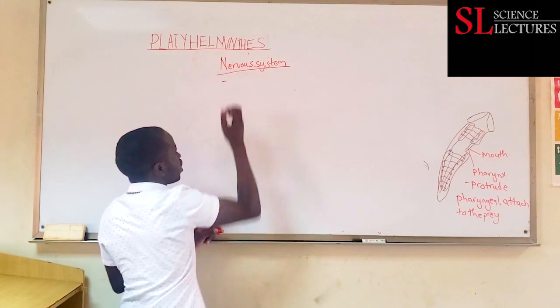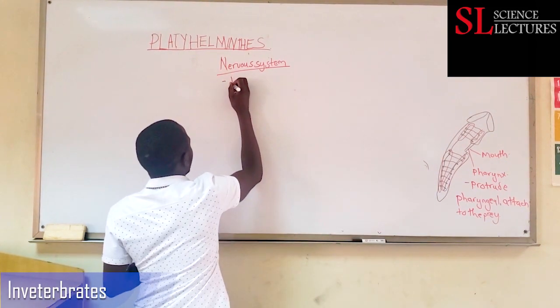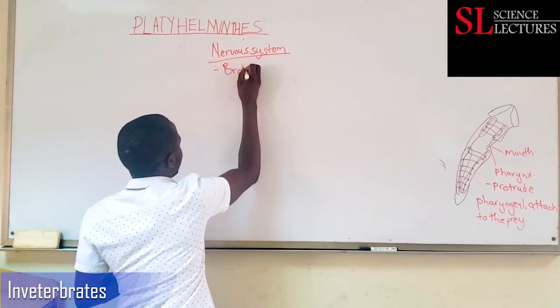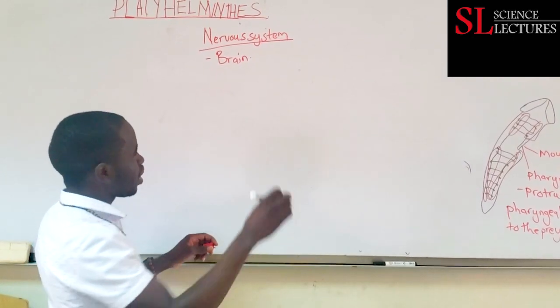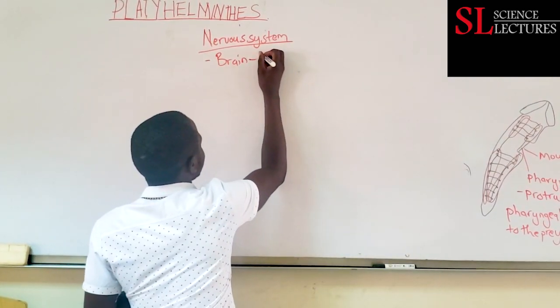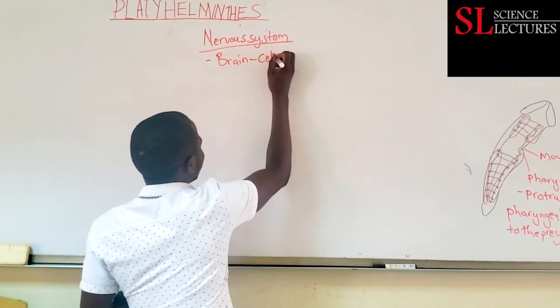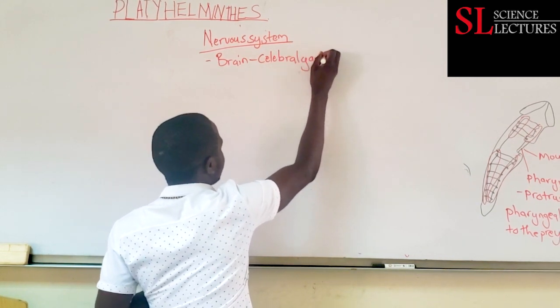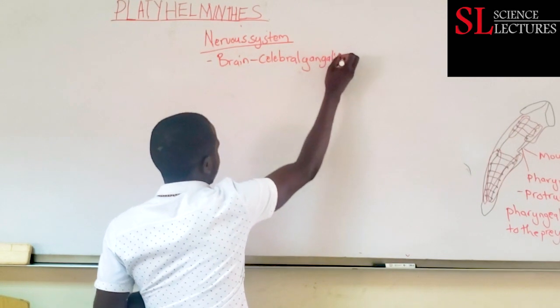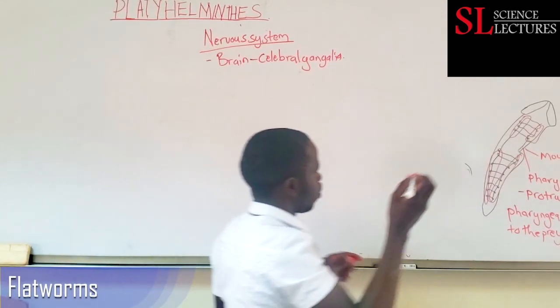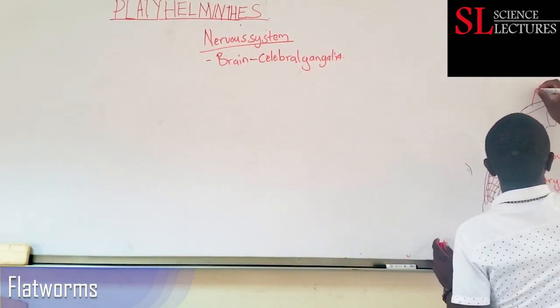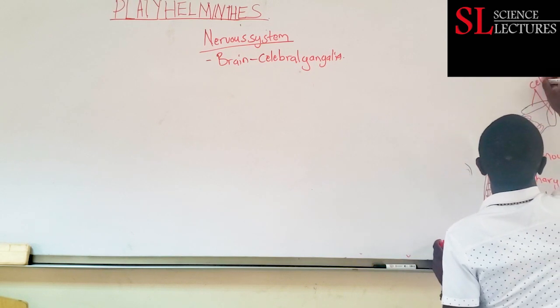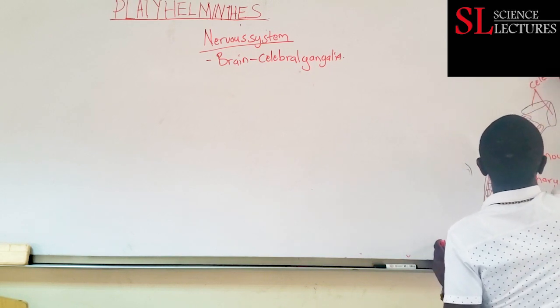But here, since there is cephalization, they have a brain. But this brain is still rudimentary. It has cerebral ganglia. It's just a compilation of some ganglia. So what you have here is what you call the cerebral ganglia.